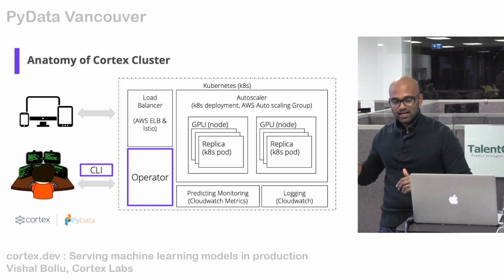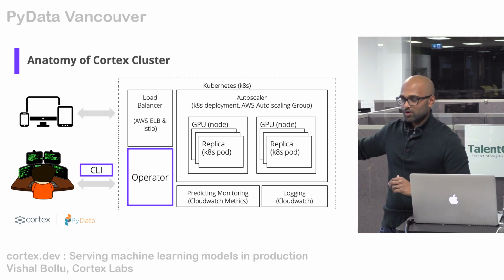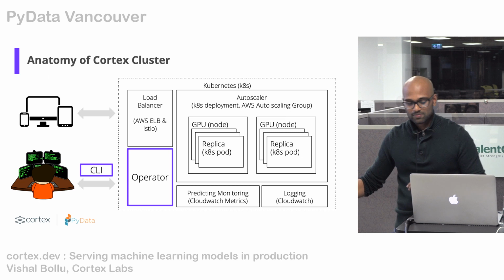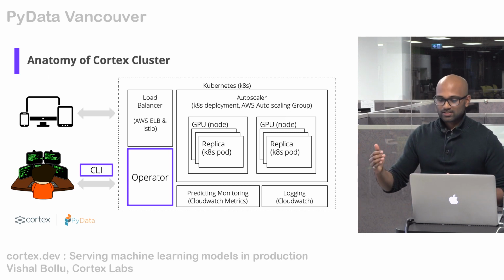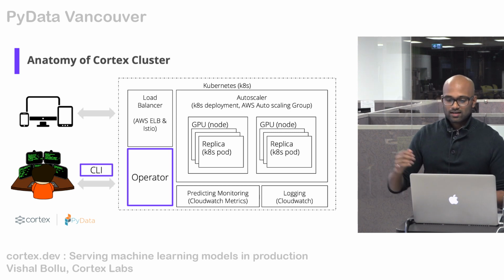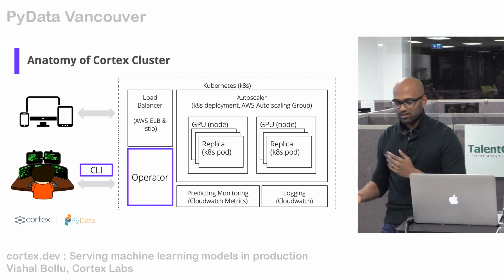Now you can notice that what we use in the Cortex cluster, those are all familiar names, right? You might be familiar with them. For the load balancer, we use the AWS ELB, and we use Istio for the network meshing. And for the autoscaling, we use Kubernetes deployment with AWS Autoscaling Group. And for prediction monitoring, we push our metrics to CloudWatch.